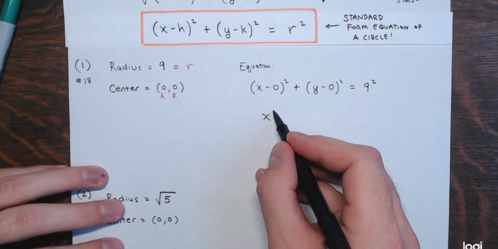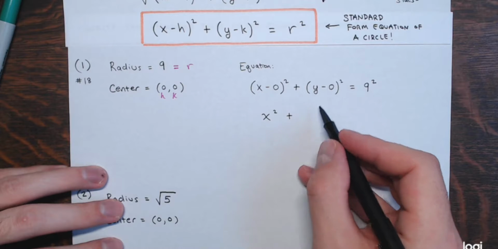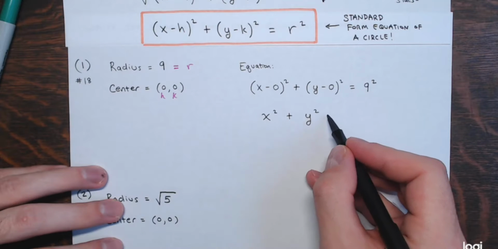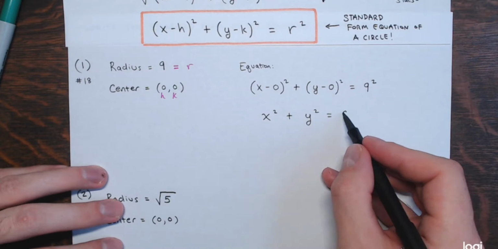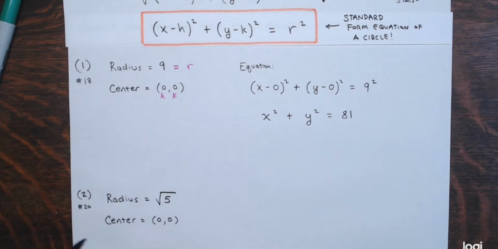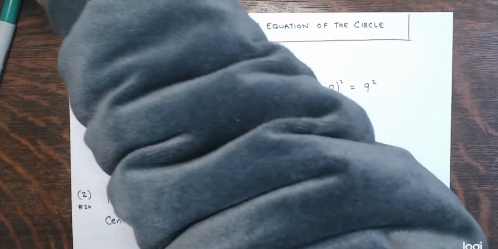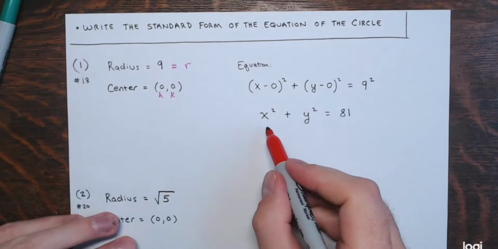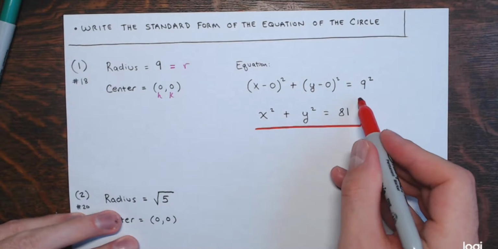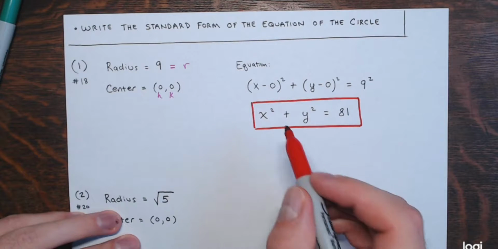So that's x squared plus y squared equals 9 squared, which is 81. And there we go. That is what they want. x squared plus y squared equals 81.